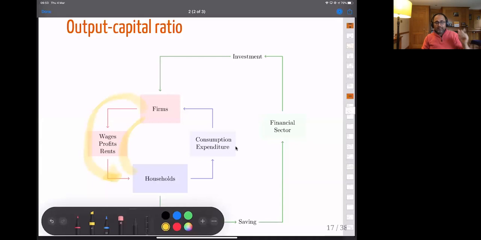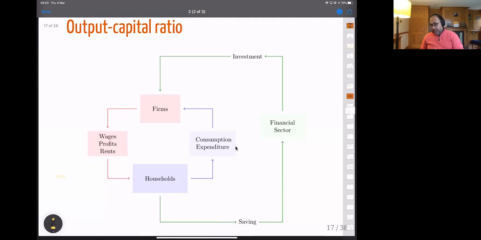They provide the labor, they provide the managerial support, and they rent out capital. What they get in return is wages, profits, and rents. This is all coming to the households. What the households then do is divide their income into two different categories.